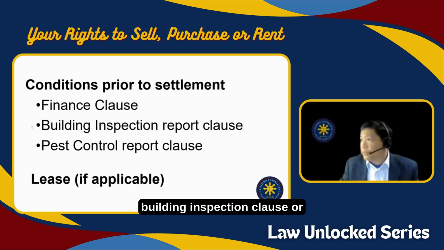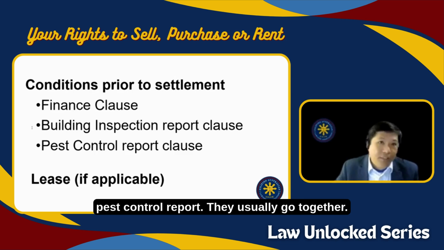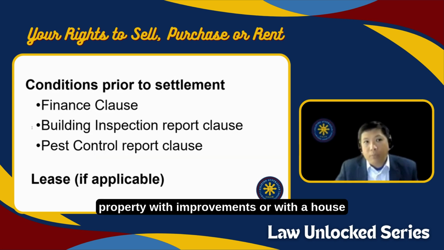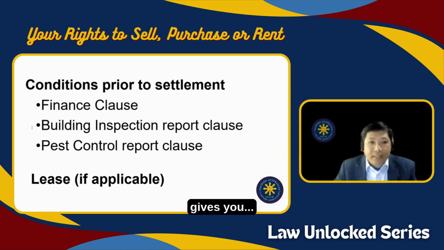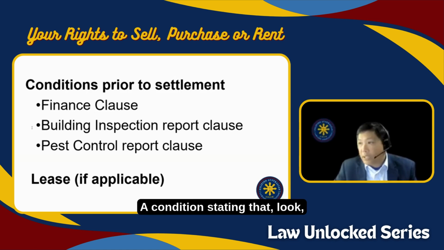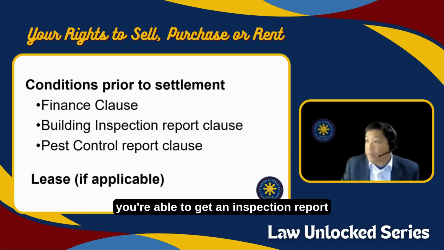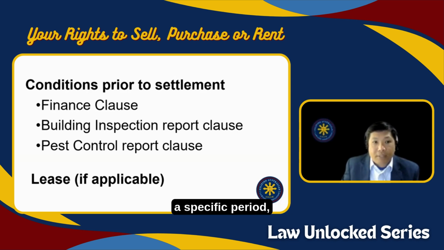building inspection clause, or building inspection report, and pest control report. They usually go together. So for buyers who are wanting to purchase a property with improvements or with a house on it already, your contract of sale gives you a condition stating that, look, this contract will be binding if you're able to get an inspection report and a pest control report prior to a specific period, right?